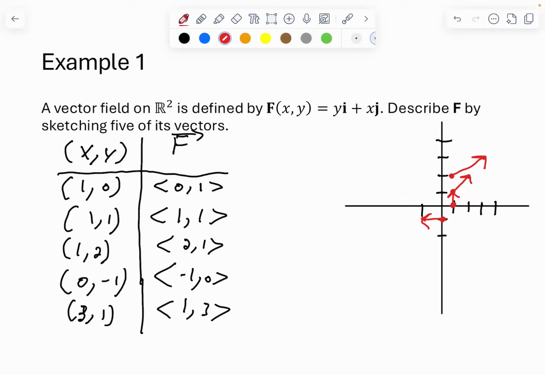So 3, comma 1 is going to be right there. And then 1, and then 3 will be all the way up there. Looks something like that. That's what that particular vector would look like.